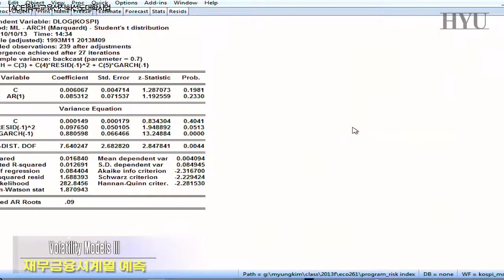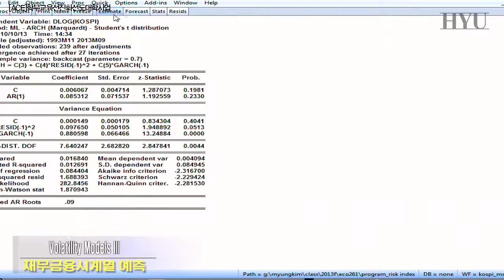If you compare the previous specification with the normal distribution to this one, there is a figure called log likelihood; the bigger this number, the better. So this model will produce a much bigger log likelihood than the normal specification. That's what I was emphasizing.